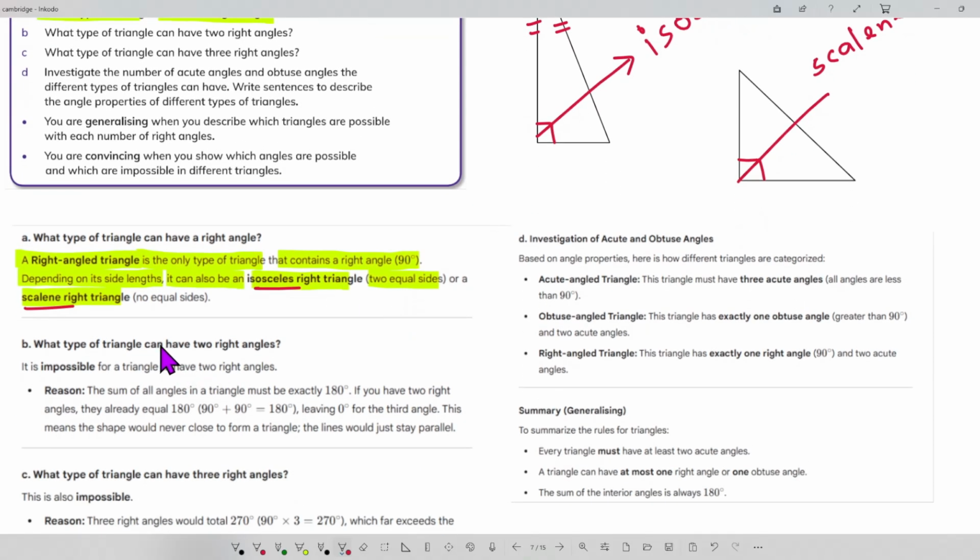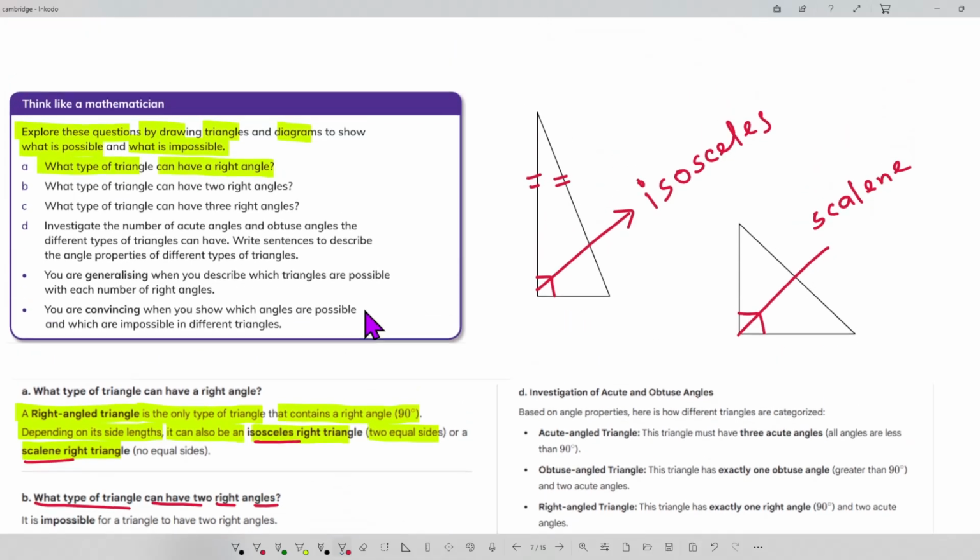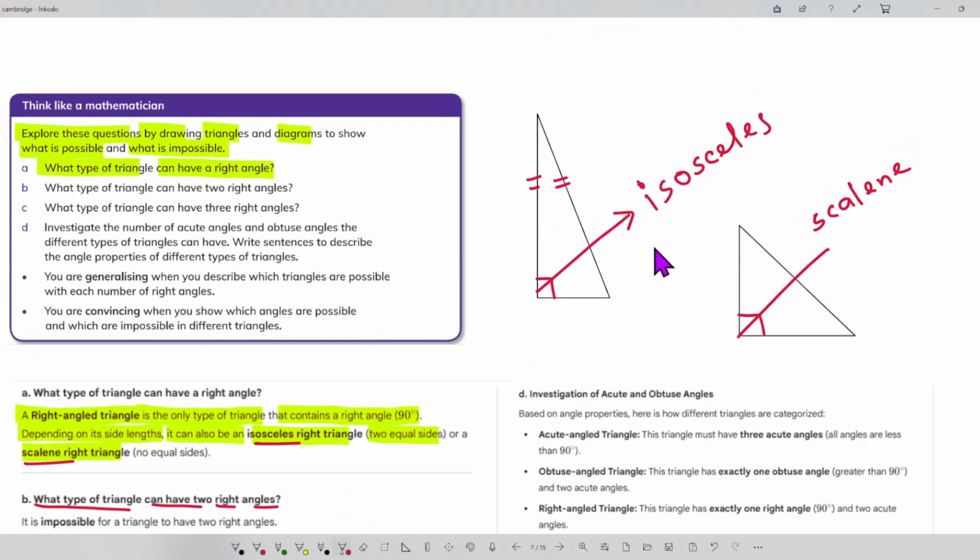Number B, what type of triangle can have two right angles? It's not possible, because we know a triangle has 3 angles, and once we make the summation, the result should be 180 degree, right?